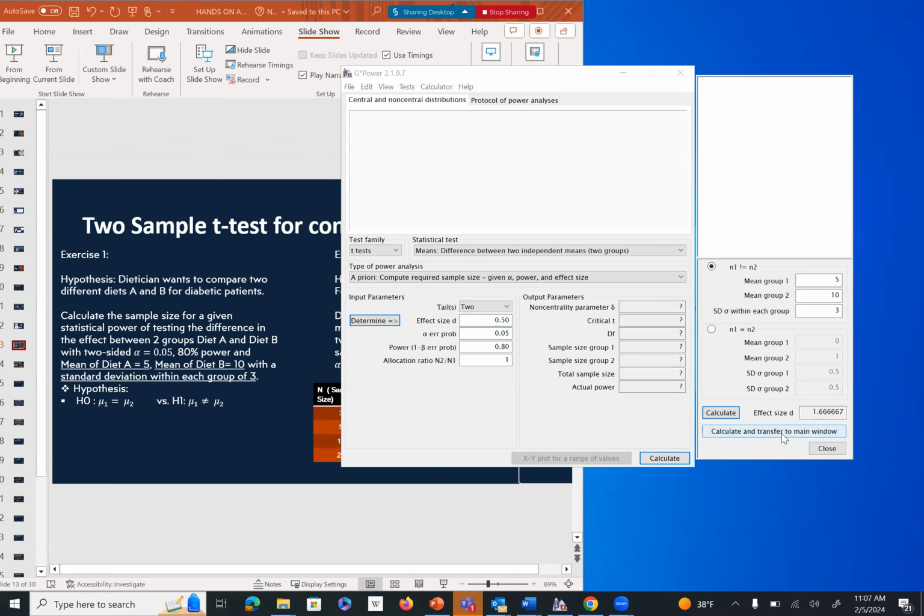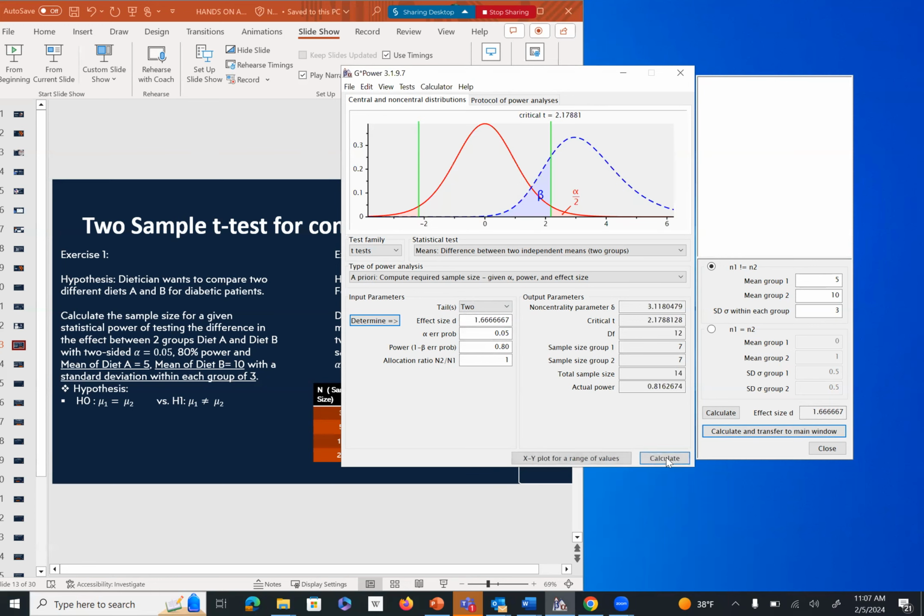You can calculate and transfer to the main window, so it goes directly into the effect size field. Then press calculate, and you'll see that a total sample size of 14 is required to achieve 81.6% power with a significance level of 0.05 if the effect size is 1.666.